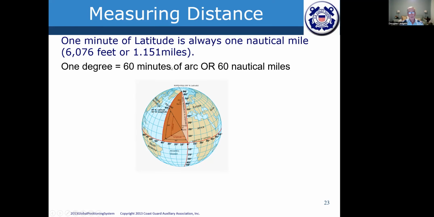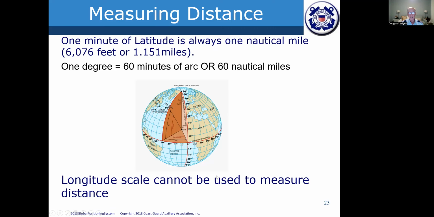So if we have 60 minutes of arc and 1 minute is 1 nautical mile, if we go 1 degree, we've gone 60 nautical miles on the chart. So if we move from 0 to 10 degrees, we've gone 600 more nautical miles. Just simple math. This just tells you kind of how it is figured, and it's another appearance of your equator line, and you're increasing over here to 90, 180 to the back, or 0 to 90 to the North Pole and to the South Pole. So that's how we measure distance when we're trying to work with our charts.